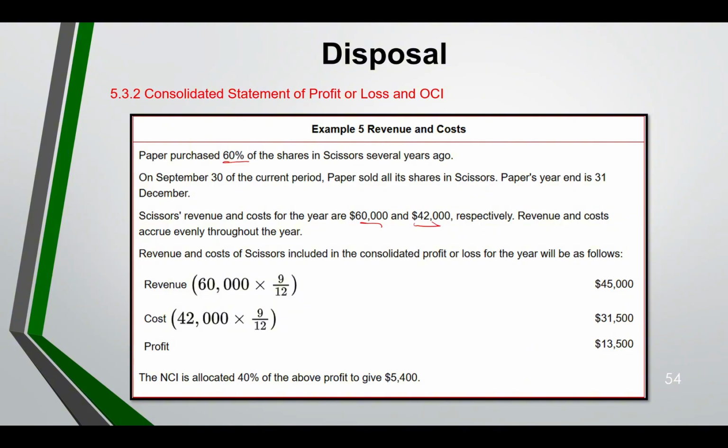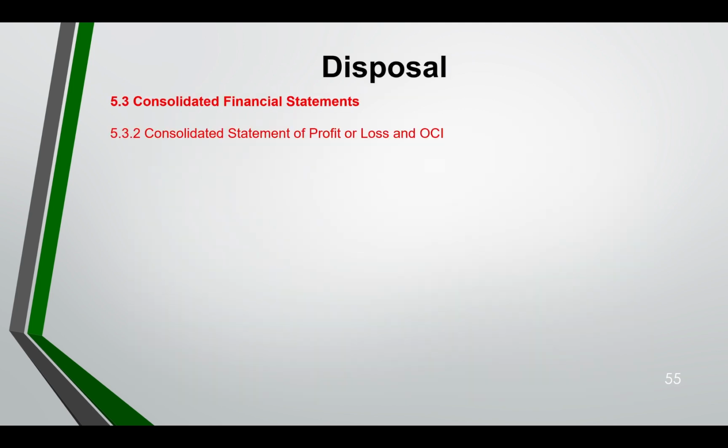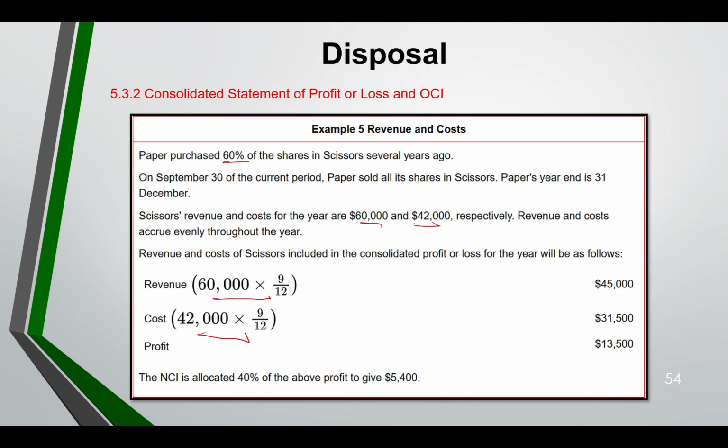From 1st January to 30th September, only 9 months, they will calculate the revenue and the cost for only 9 months and get the profit. And since they have acquired only 60%, 40% of that profit will go to NCI. 40% of 13,500 is 5,400.